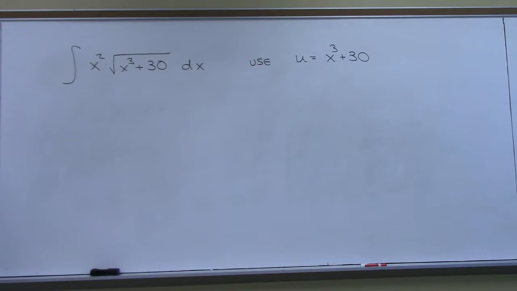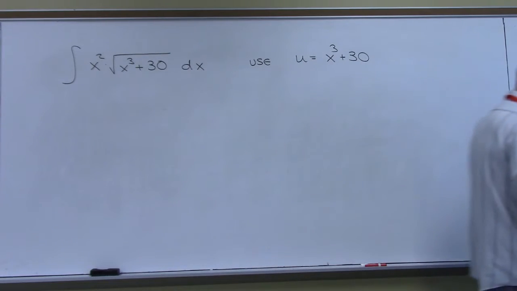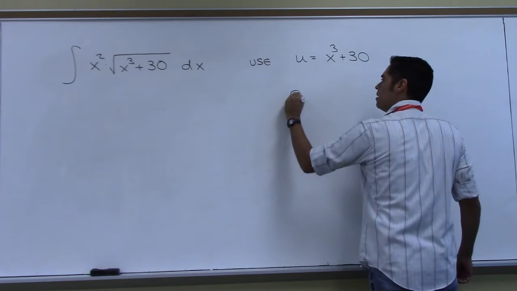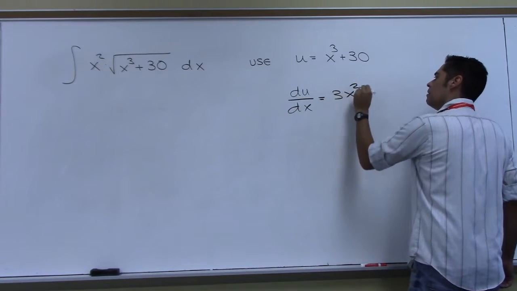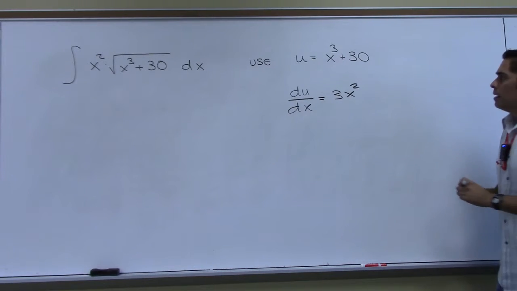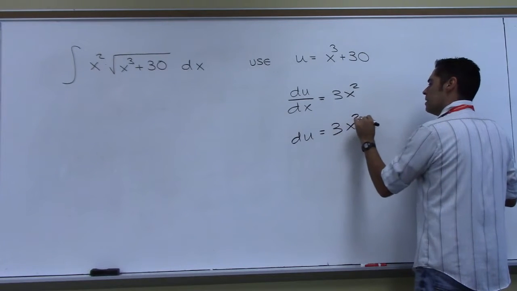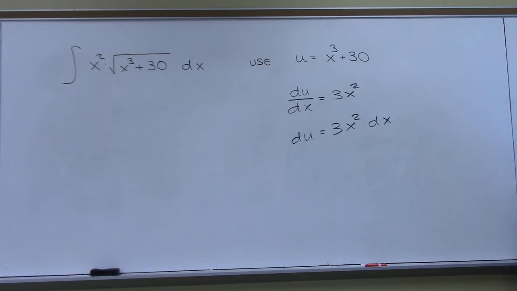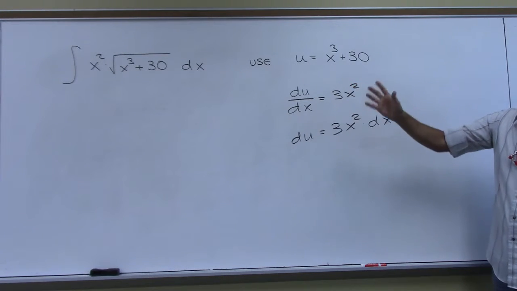All right, so let's use this substitution, right? Here we go. So what is du? What is the derivative there? So du dx is 3x squared, right? And then that means that du is 3x squared dx. Do you have a 3x squared dx over there? Not quite, right?